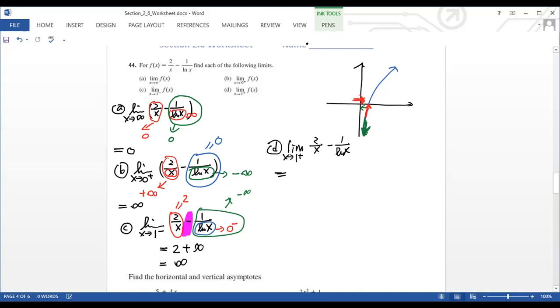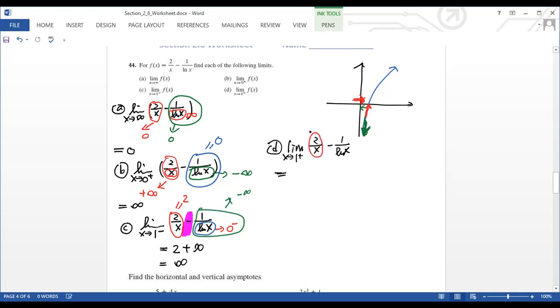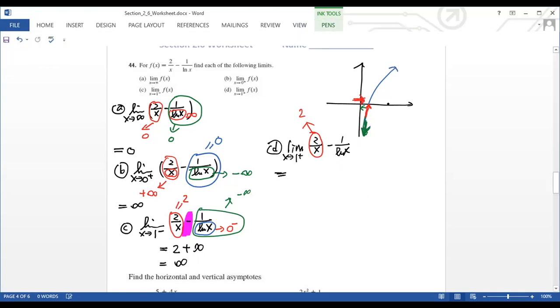Okay, the same way, as x approaches 1 from the right-hand side, this one, no problem, is 2, right? Now the natural log x is here. Take a look at this one. If I want it from the right-hand side, that means I'm approaching from here.